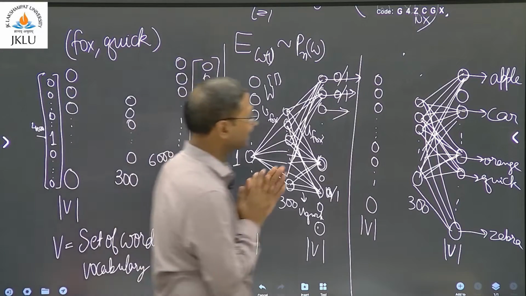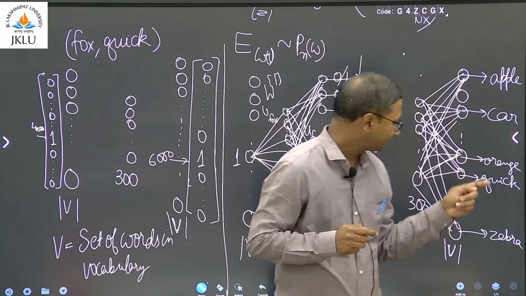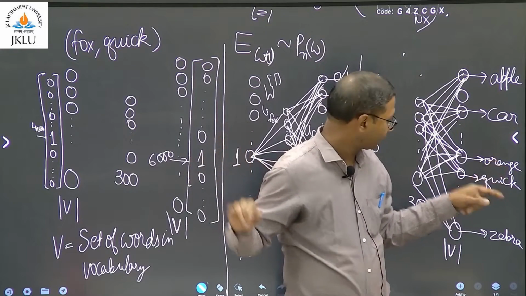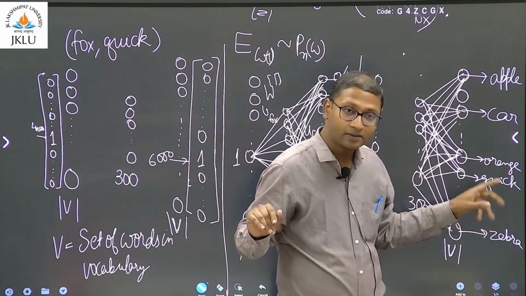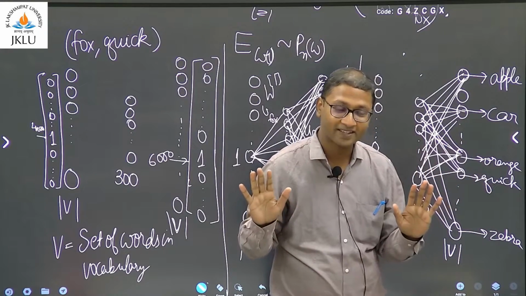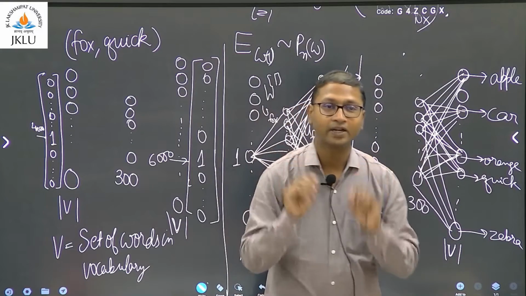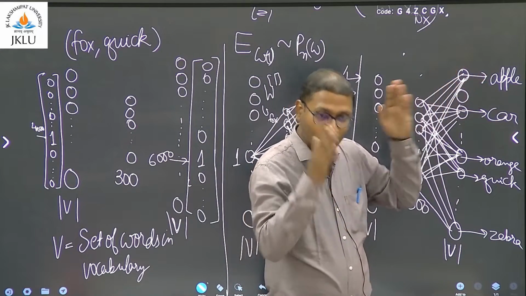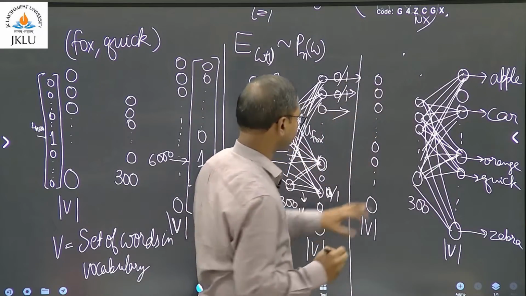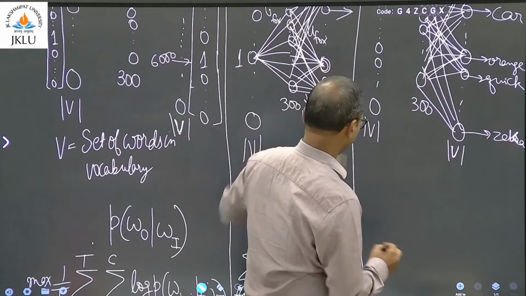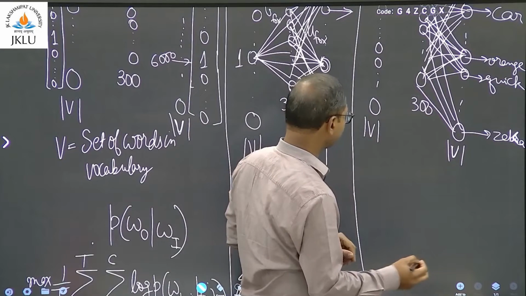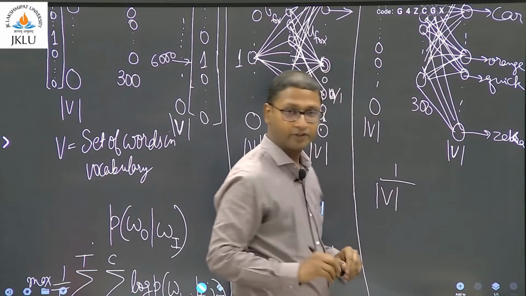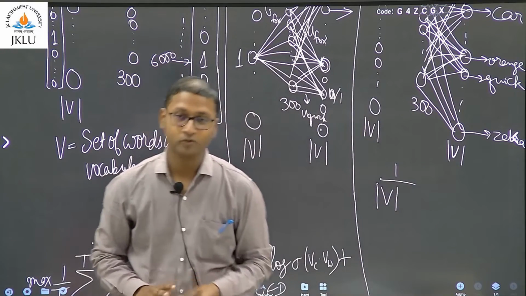The actual word was coming from the corpus, but these other 4 are randomly chosen. The question is, how do you randomly choose? Do you assign probability of 1 over mod V for every word, or do you do something else?